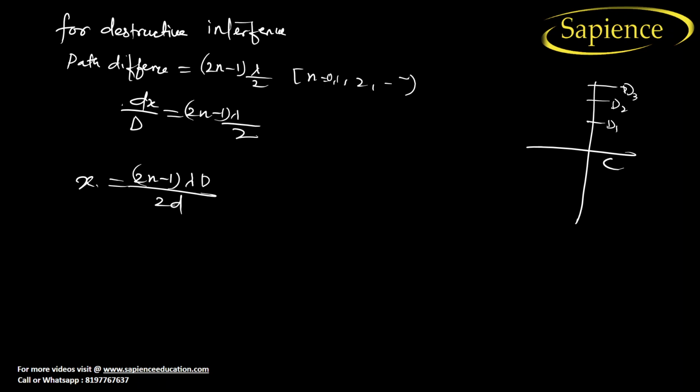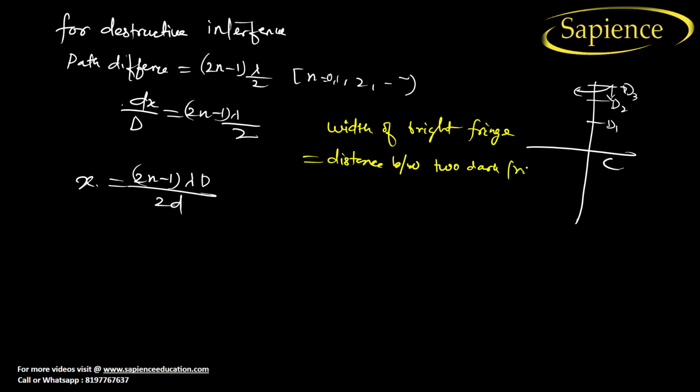If you want to find the distance between two dark fringes, this will be the width of the bright fringe. So the width of the bright fringe is equal to the distance between two dark fringes, which is x(n+1) minus xn.